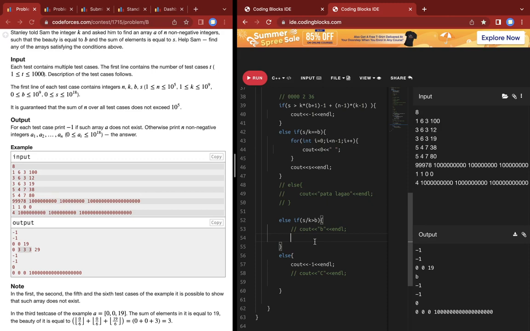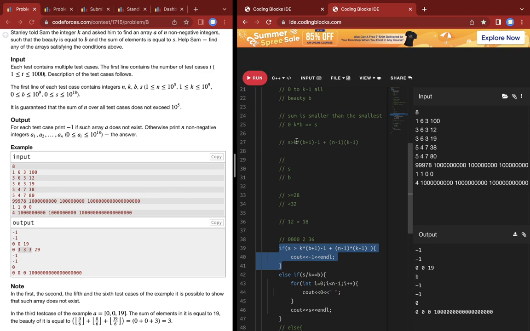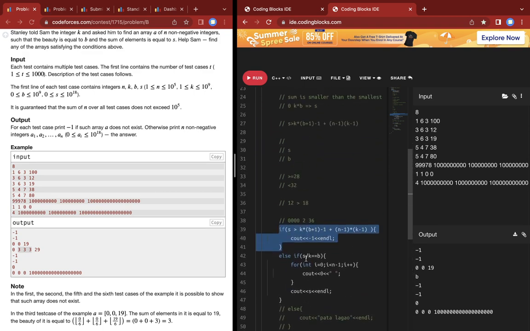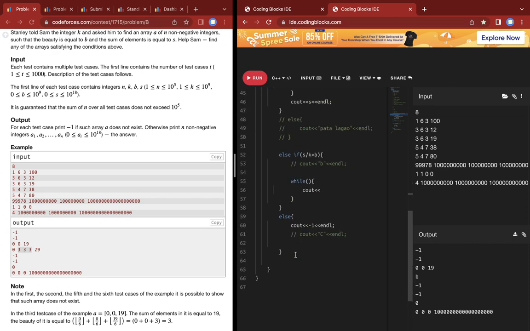Since this does not go into this, that means it is possible to be generated by this.